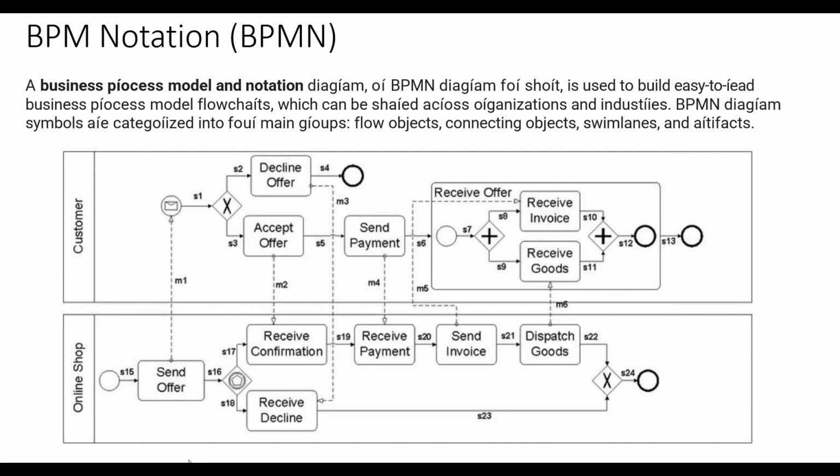Do we need to provide any offer to them? If we accept the offer, then we provide a payment link so they can pay, and once the payment is done, we can send an invoice to the customer and also put the products into dispatch. Dispatch can also have a different workflow.